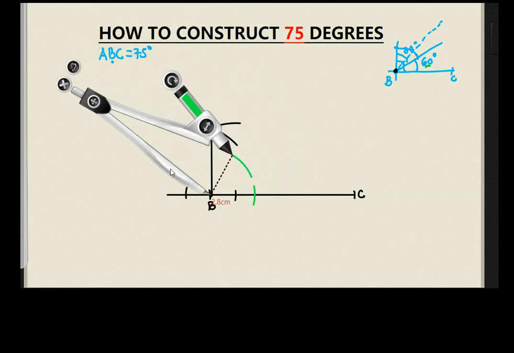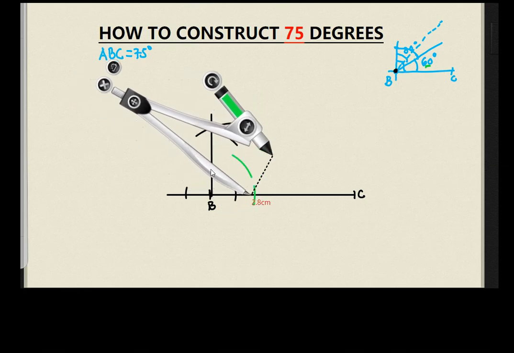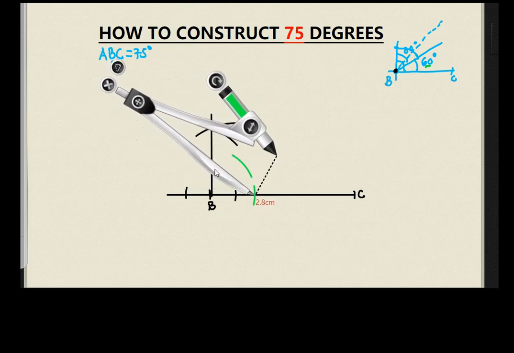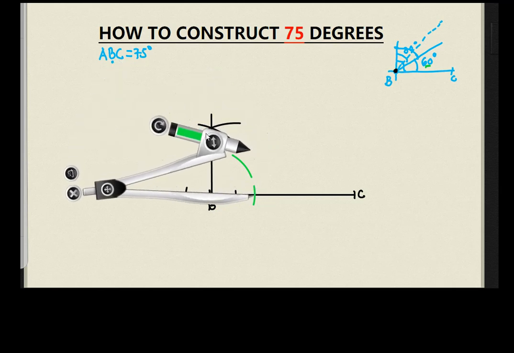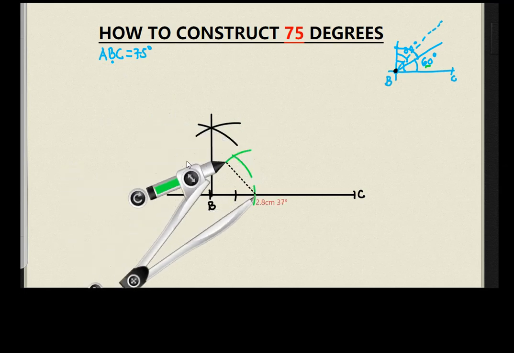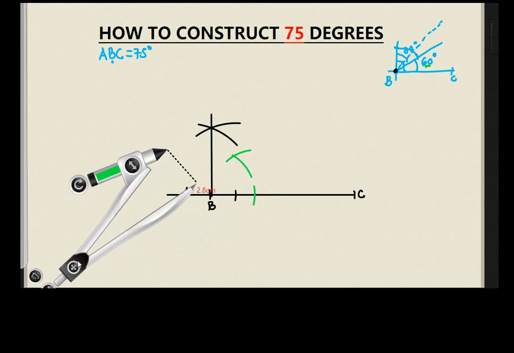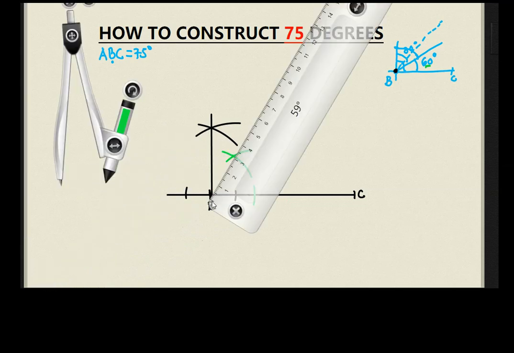Then after doing that, you can now adjust this one and draw that arc like that. Draw a straight line that passes through the point of intersection.